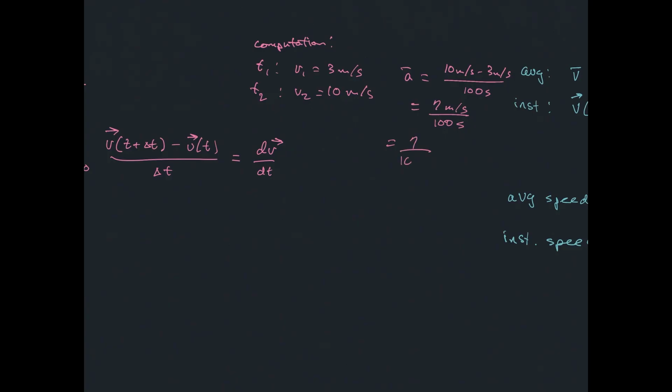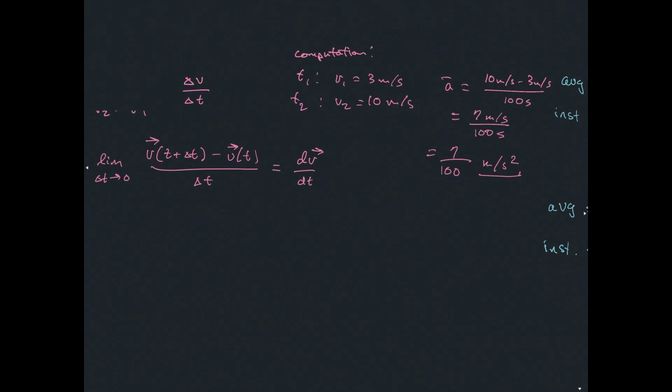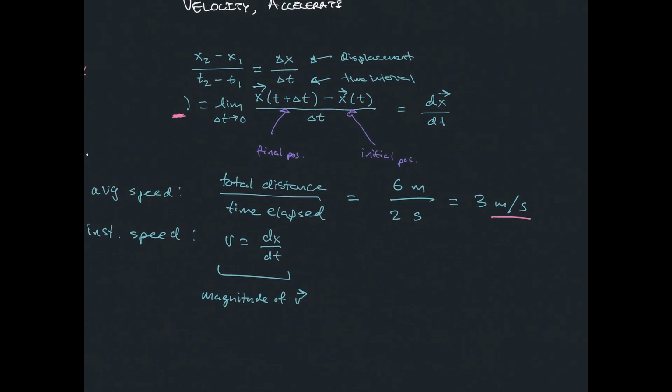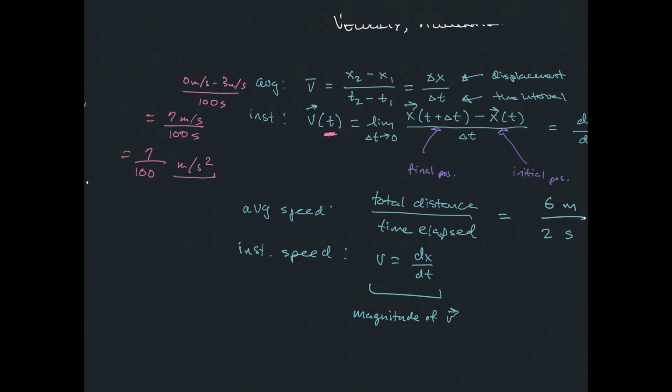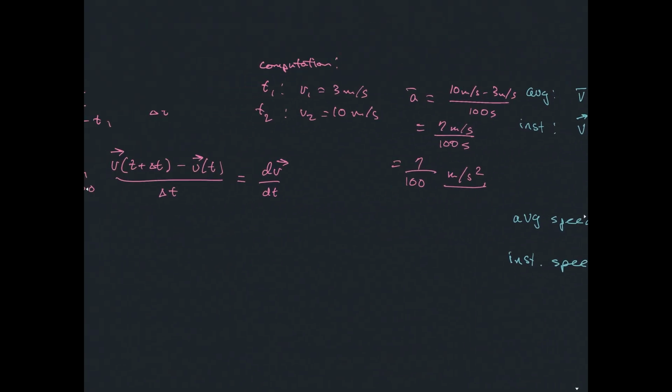The average acceleration is very slow. It's 7 over 100 meters per second squared, right? Note the distinction in the units. Velocity has the unit meters per second, while acceleration has the unit meters per second squared.